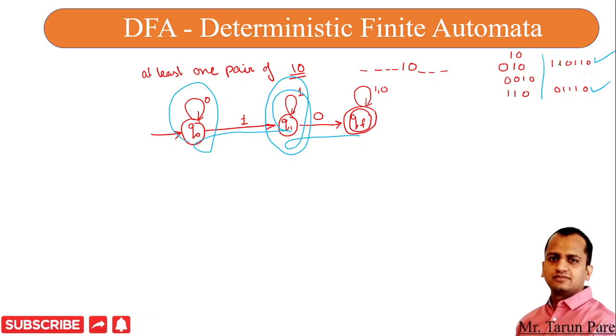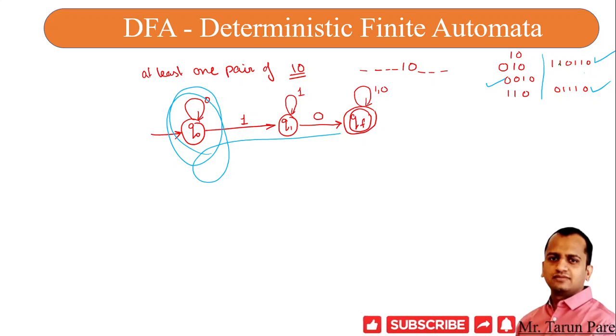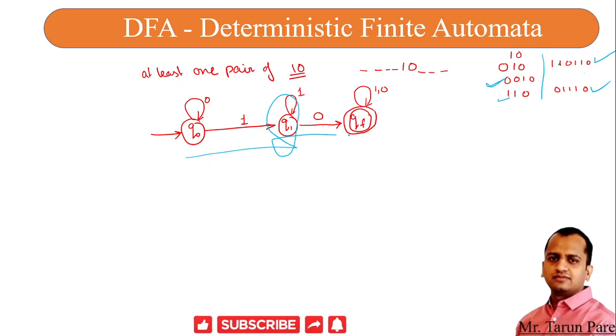Now let's check two or three more strings. First is 0010. Let's check this. For this 0 0 1 0, yes, this is also accepted by this automata. Now we go for 110, then 1 1 0, yes, this is also acceptable.